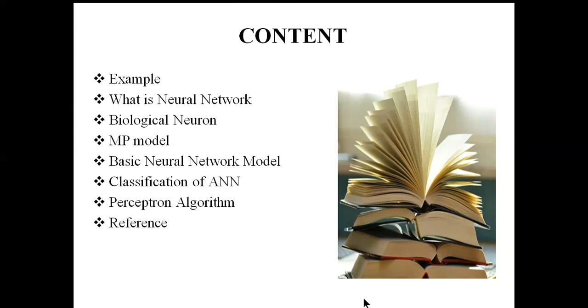To understand the working principle of artificial neural network, first of all we will go through a real life example, then we will cover what is a neural network, what is the biological neuron, what is the MP model, the basic neural network structure, and different classifications of ANN. And moreover, there is the perceptron algorithm that will also be elaborated in this tutorial class.